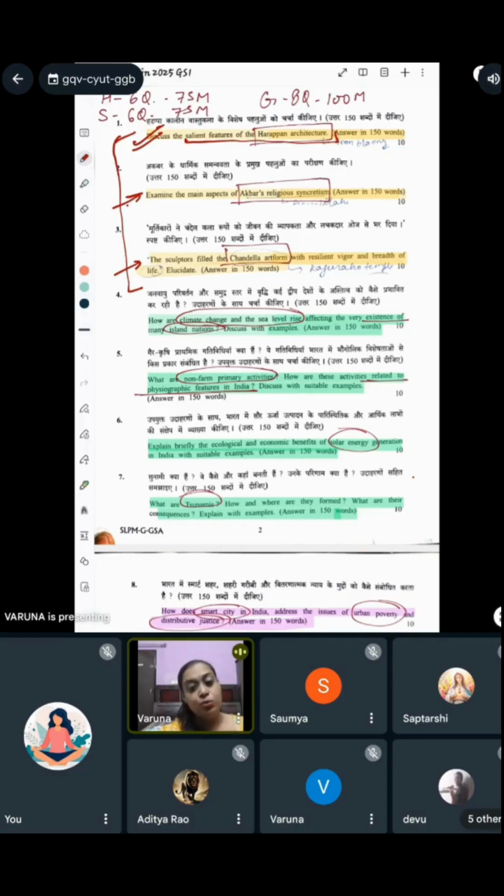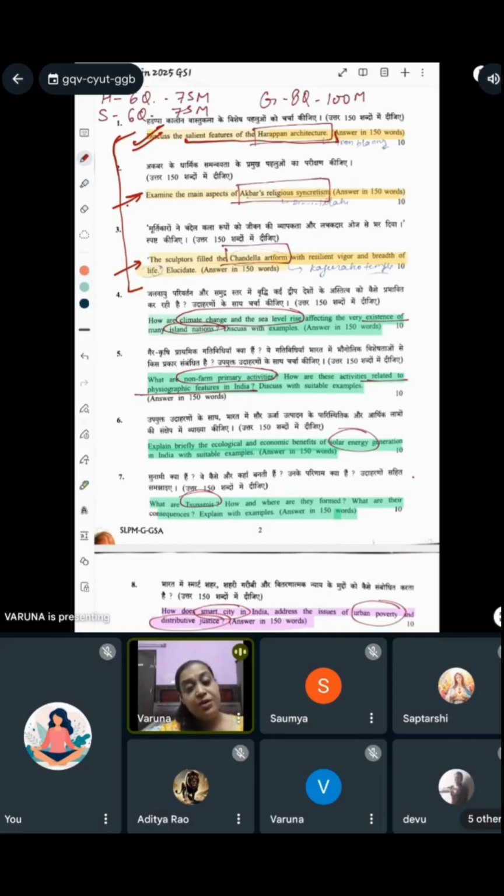We don't give it due importance. But if we are aware of the question, if we are aware of at least 2 or 3 examples of Chandelas, then we can easily do this particular question.